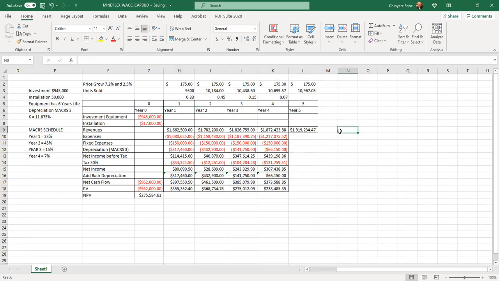And so expenses. They say variable cost will be $95 per unit and decrease by 3.5% from year 2 through year 5.